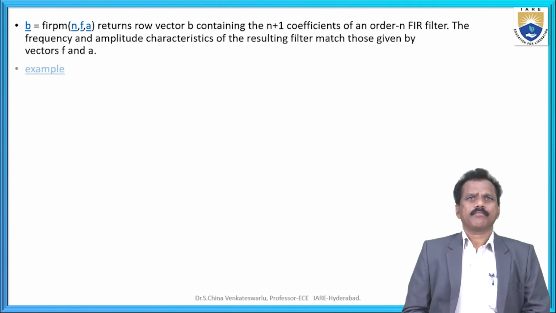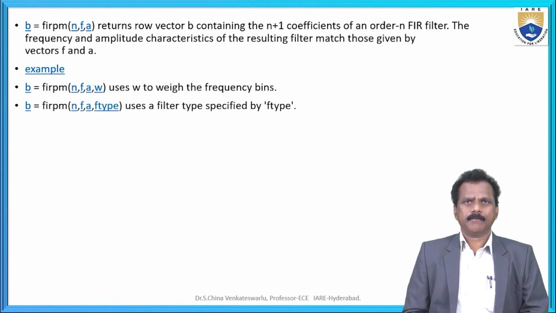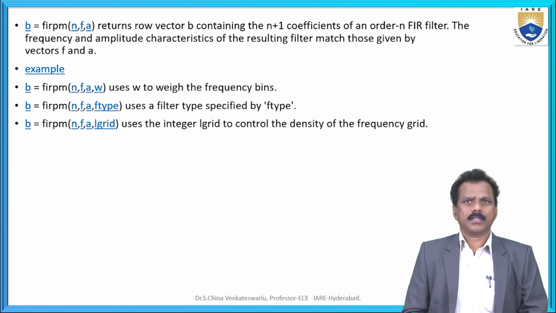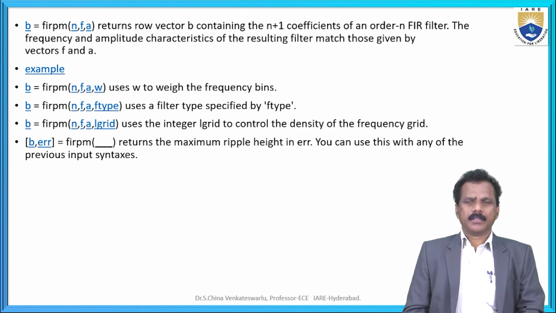Like this, we can write the piece of code where b is specified. We can also weight the frequency bins. After that, use the filter type specified by ftype, and use the integer lgrid to control the density of the frequency grid, and return the maximum ripple height in err.